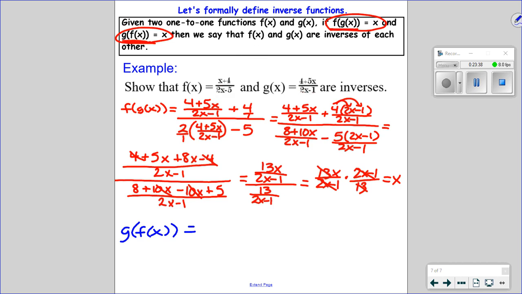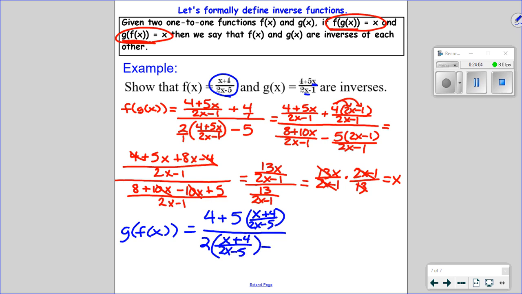In place of both of these x's, I'm going to put x plus 4 divided by 2x minus 5. So here goes 4 plus 5 times x plus 4 over 2x minus 5, all divided by 2 times x plus 4 divided by 2x minus 5 minus 1.